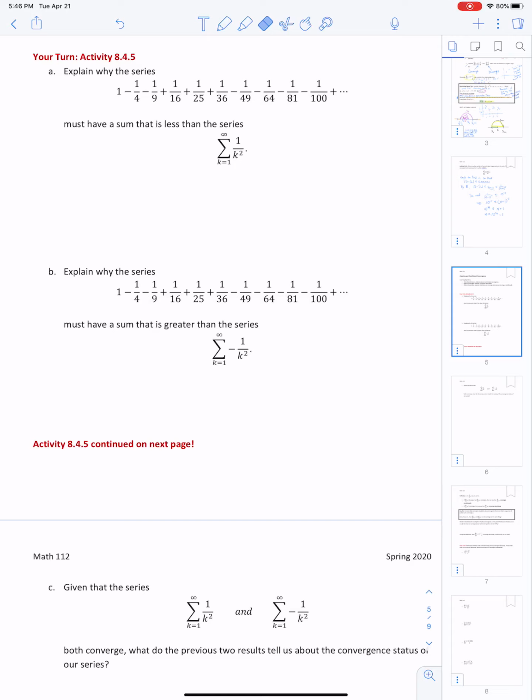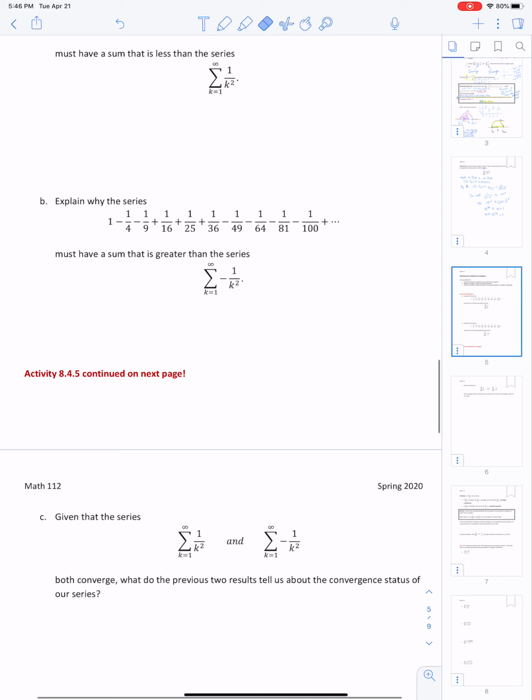What you did in parts A and B was to think about why the sum of the series has to be less than the sum if all of the terms were positive but had the same size, and why it has to be bigger than the series you would get if you had negative signs on all of the terms. So in the end, what we've shown is that our series is sandwiched in between those two sums.